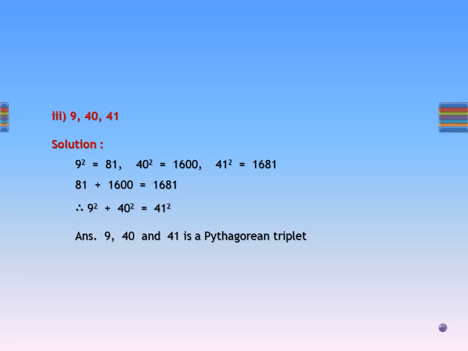Now let us check whether 9 square plus 40 square comes to 1681 or not. 9 square is 81 and 40 square is 1600, and 81 plus 1600 comes to 1681. That means 9 square plus 40 square is equal to 41 square. Hence 9, 40 and 41 is a Pythagorean triplet.